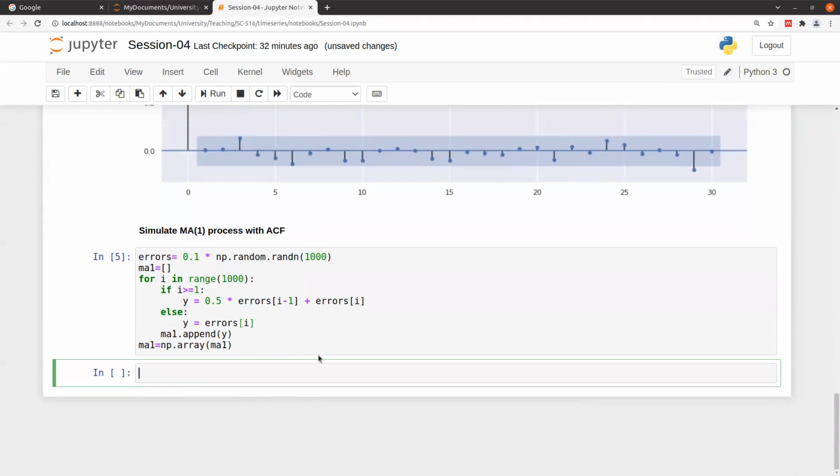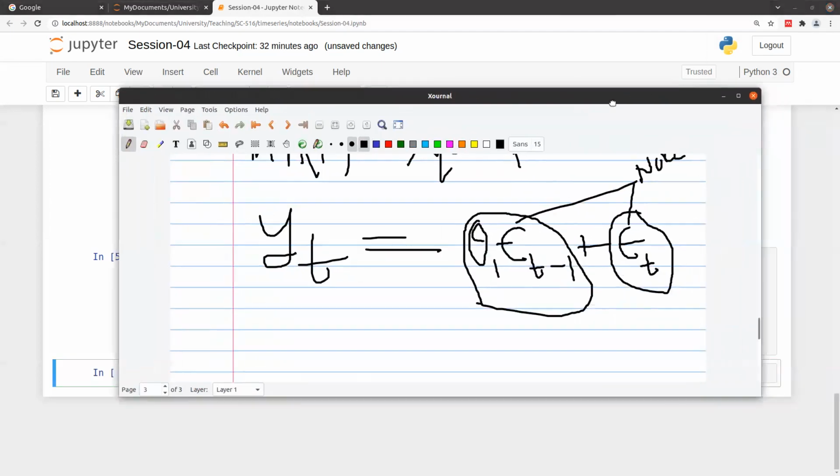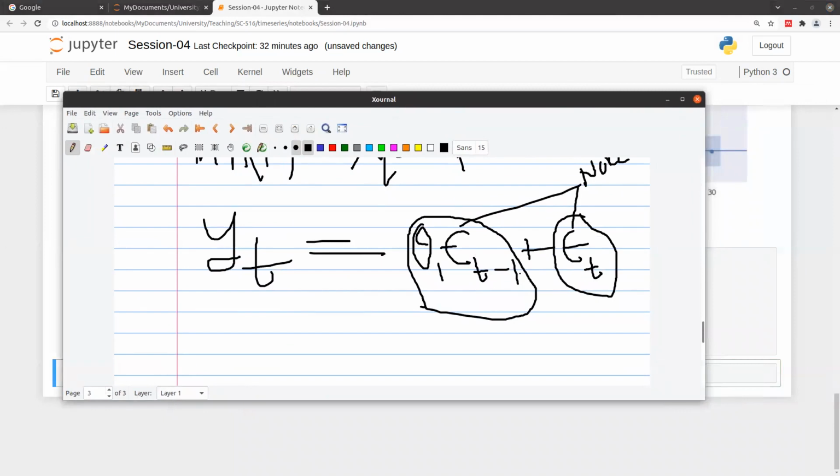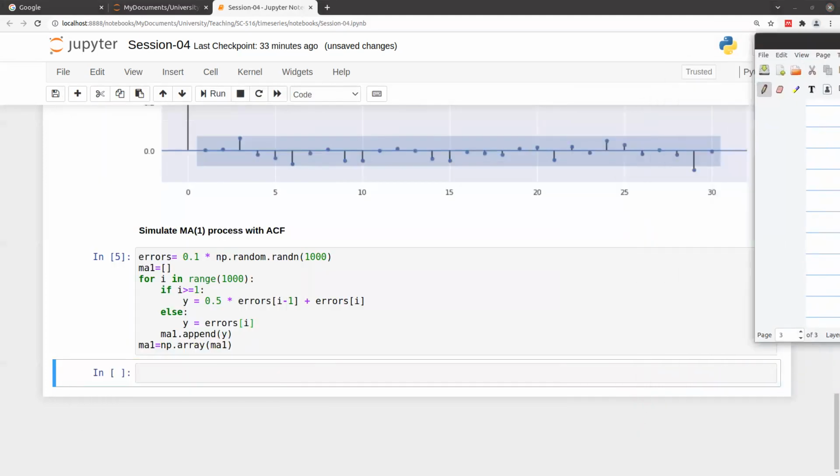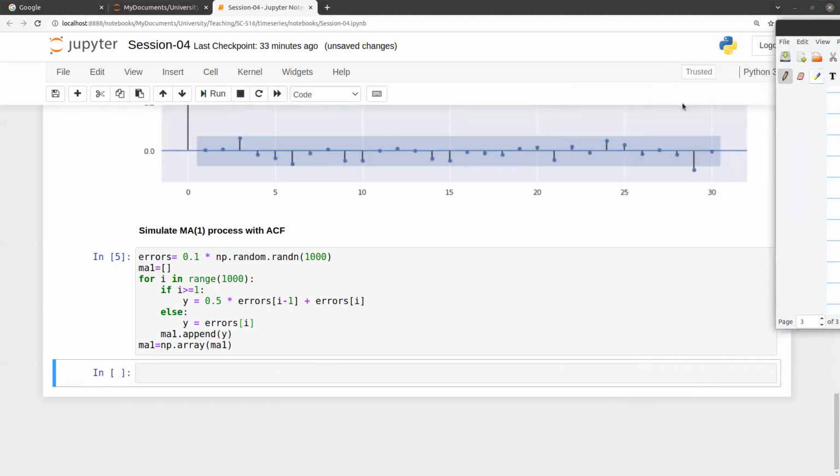What we have done in here, we are going to simulate the MA1 process. MA1 in the sense we are considering only one previous error component with the current error component. This is the equation that we are going to simulate. Then we have to consider two extreme cases. One is what happens at the zeroth index.